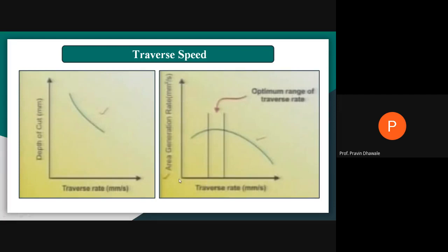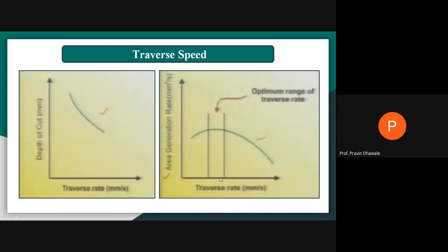This diagram indicates that as we go on increasing the transfer rate, the depth of cut will go on decreasing, but the area generation rate increases up to a certain level with increase in transfer rate. And the curve within these two straight lines shows the optimum range of transfer rate. It shows where you are getting the highest area generation rate.